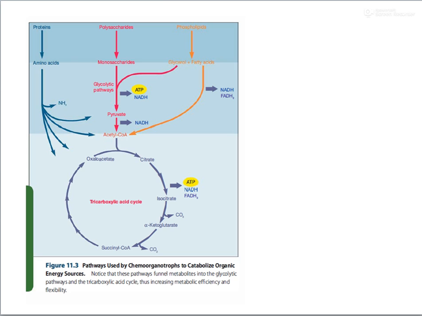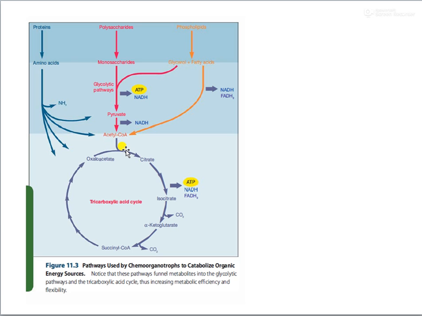So just have an overall view. There could be different things: either proteinaceous compounds, polysaccharide compounds, or phospholipids. All of these might be there. They are all broken down into small molecules like amino acids, monosaccharides, glycerol, and fatty acids. Ultimately, all these compounds enter a pathway called the glycolytic pathway, and that's familiar.